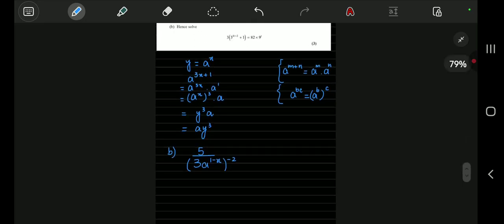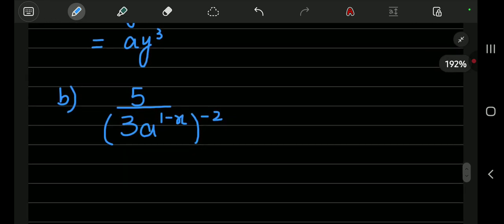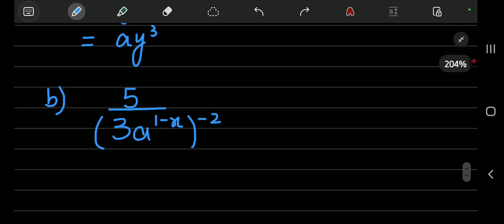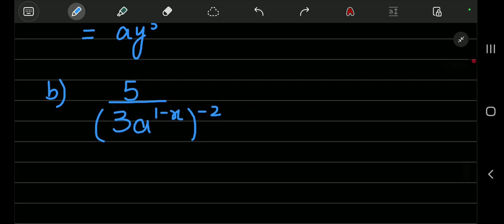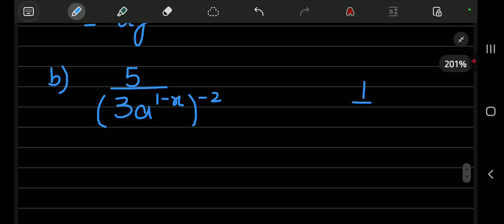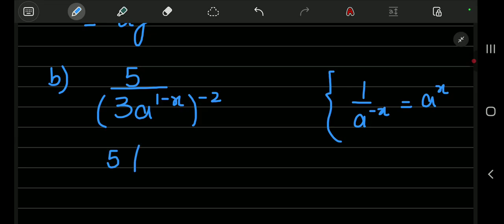Whenever we have a negative power, the best way is to shift it to the numerator and make the power positive. So we know that 1 over a to the power minus x means a to the power x. So it will become 5 times (3a to the power 1 minus x) whole power 2.